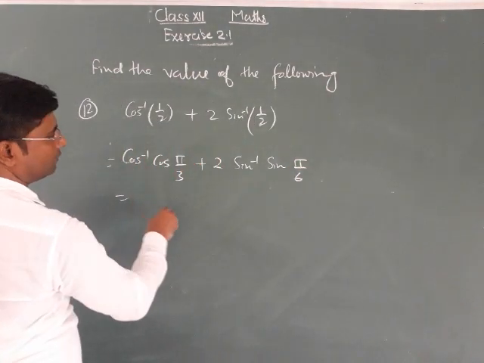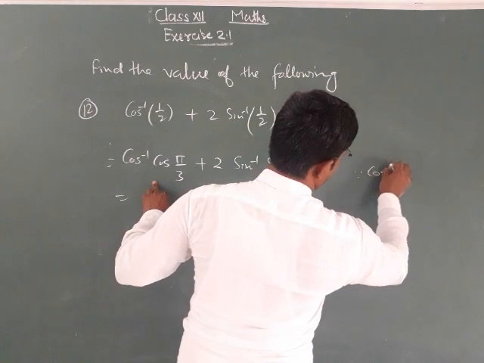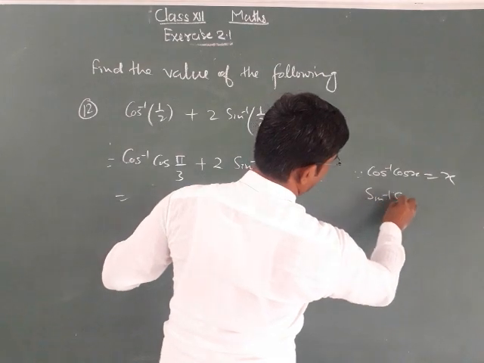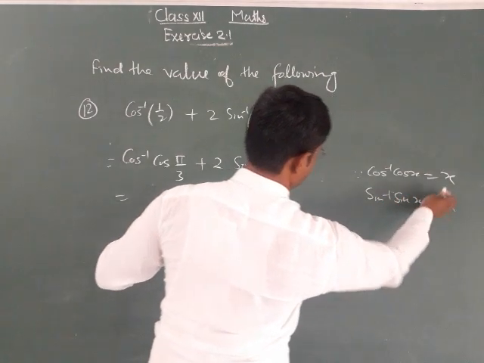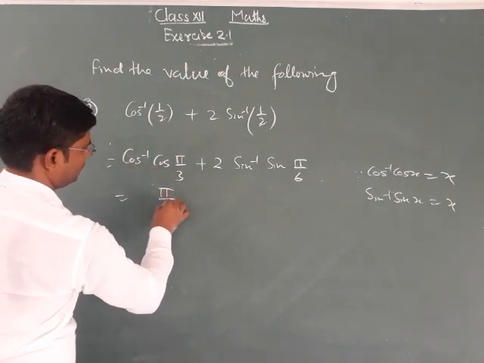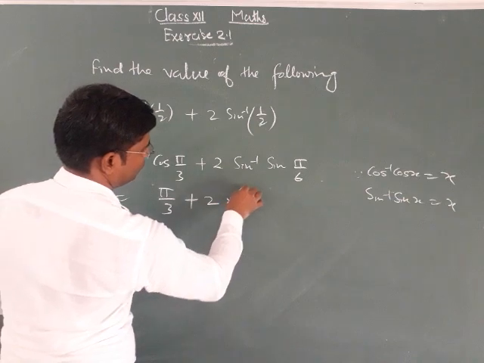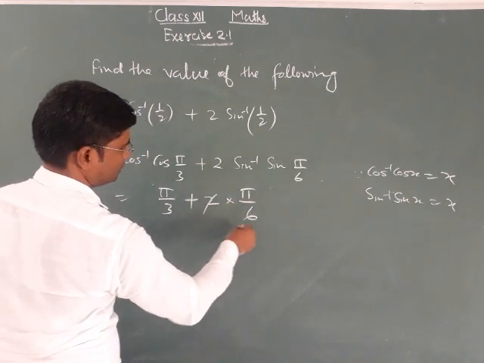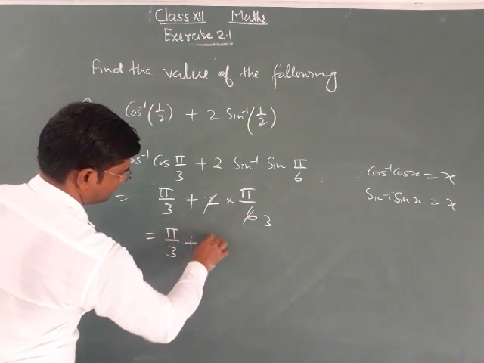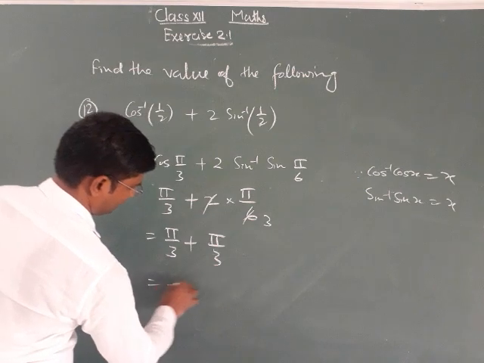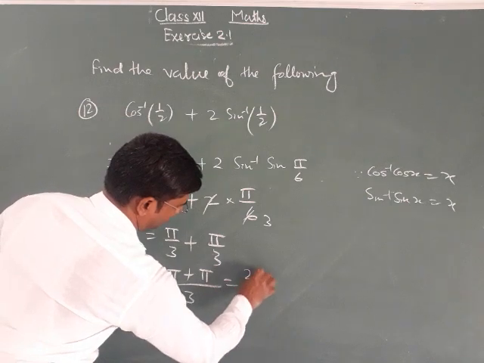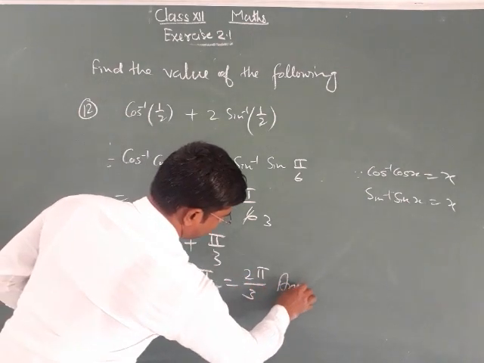Since cos inverse cos x is equal to x and sin inverse sin x is equal to x, using this formula we get pi by 3 plus 2 into pi by 6, so this cancels out. So pi by 3 plus pi by 3, taking LCM, 3 pi plus pi, 2 pi by 3. This is the answer.